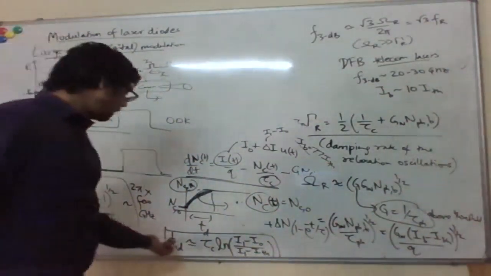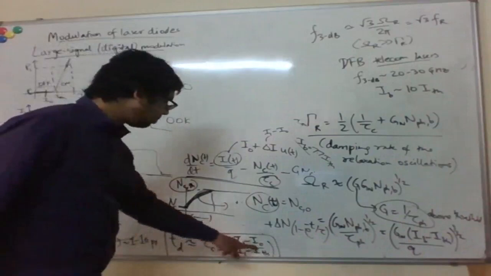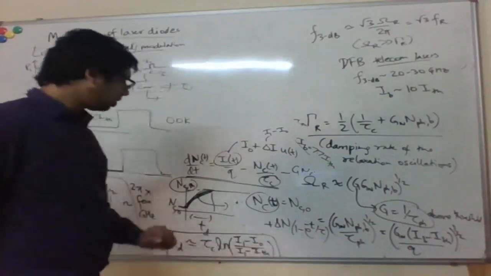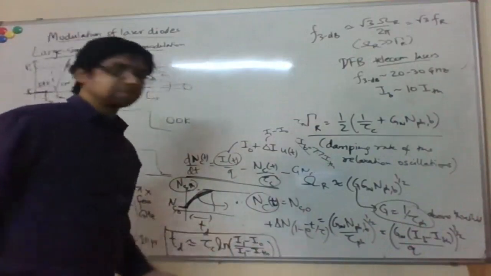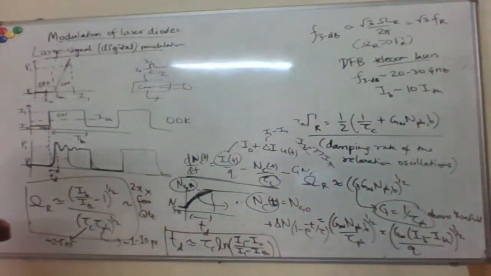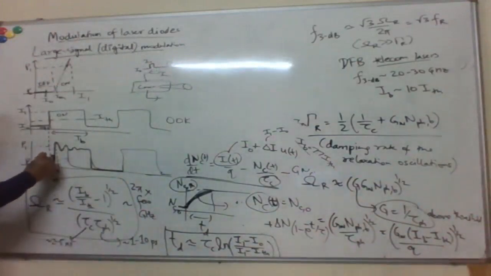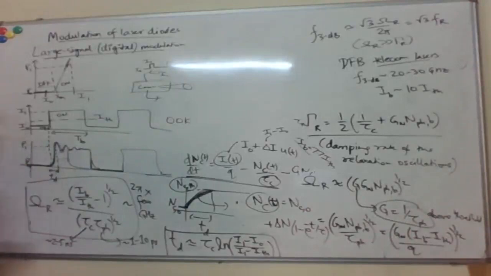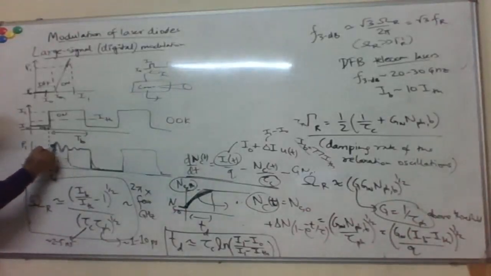Okay, so how small, how fast can you make this? So like in the limit, when I set I0 equal to the I threshold, you can see that maybe I can make this really small. Okay, but there's a lower limit to this. I can't make this as small as possible, and the lower limit is coming again from these relaxation oscillations, right? So basically, not only do you have this rise time, but you also have these oscillations going on, and you can imagine that you cannot go faster than these oscillation cycles.